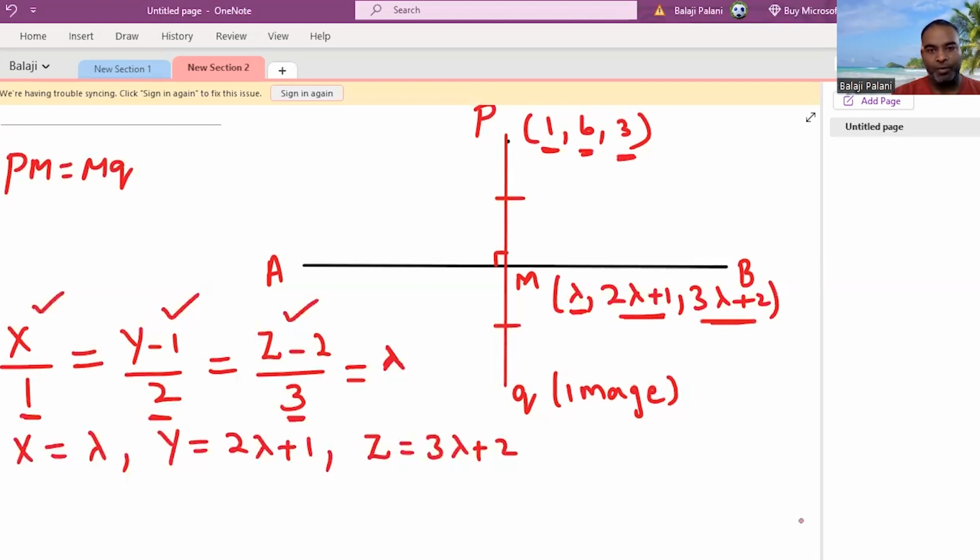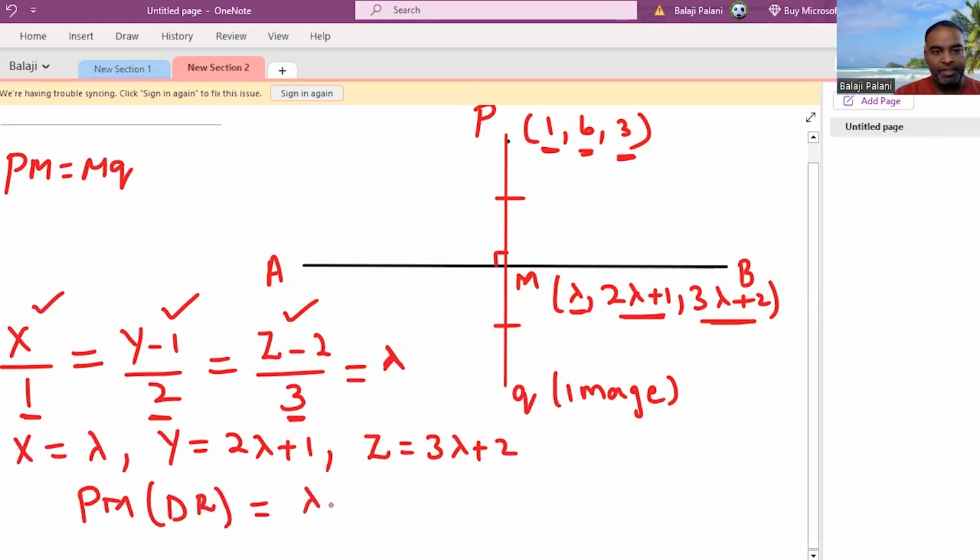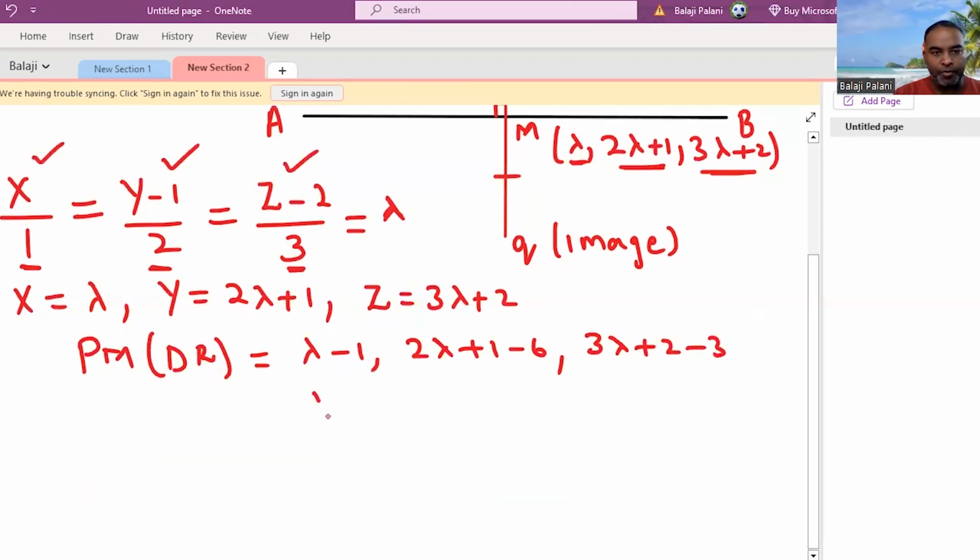Simplifying, this is lambda minus 1, 2 lambda minus 5, 3 lambda minus 1.